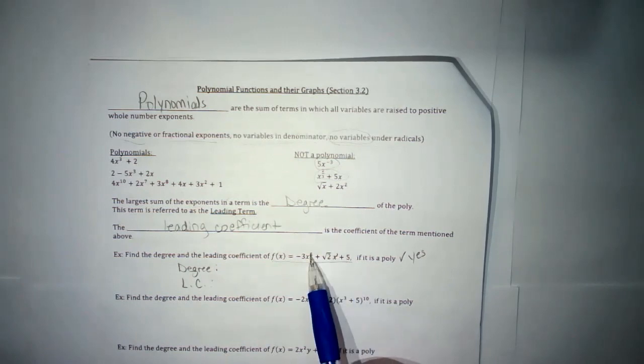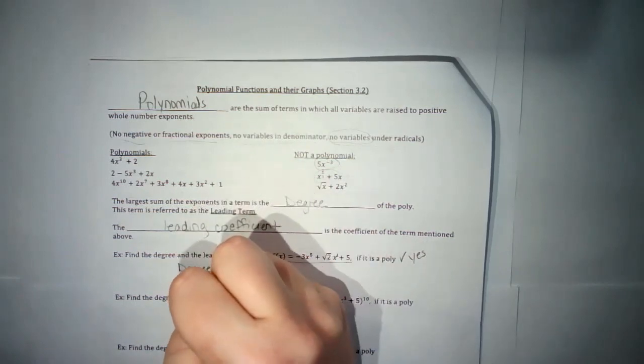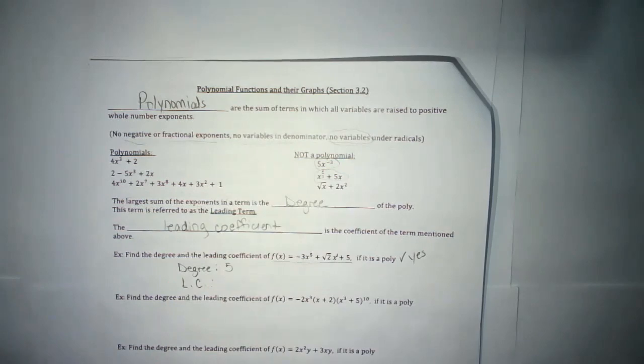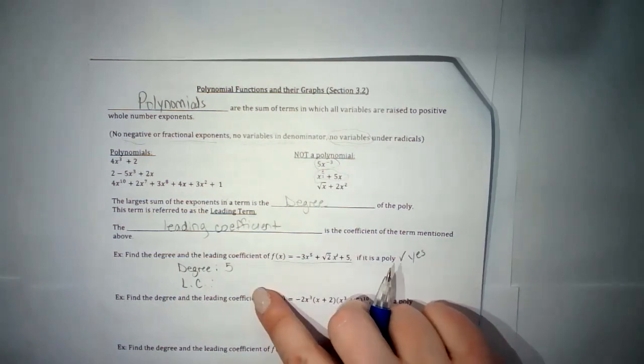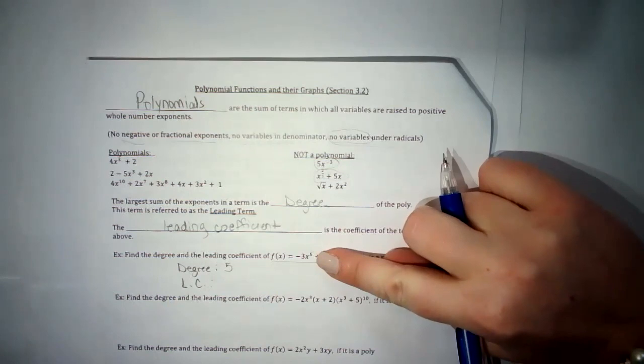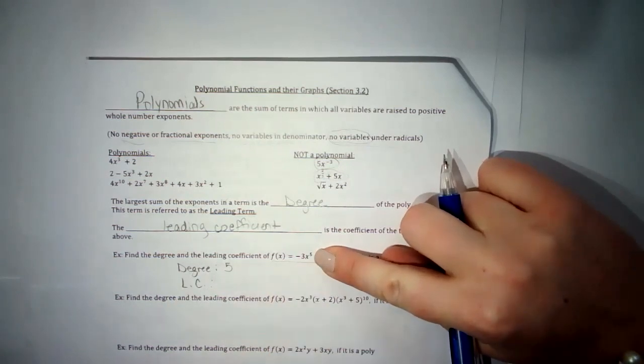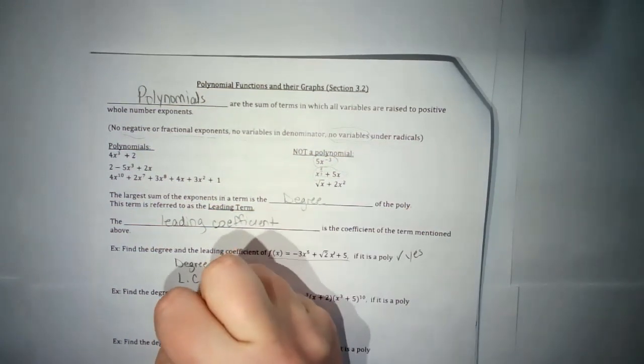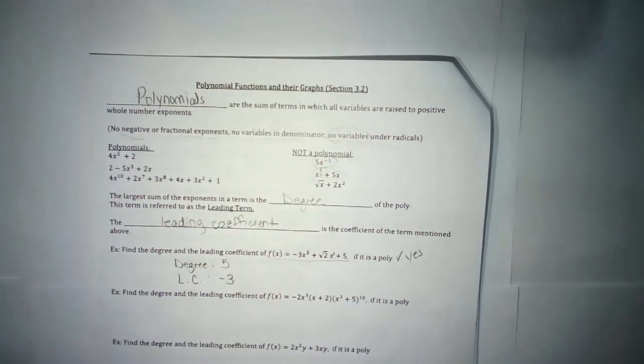He has an exponent of 5. So 5's the biggest. So he's a degree 5. Or sometimes you'll hear me say he's a 5th degree. Okay, a 5th degree polynomial. All right, so now that we've narrowed down the degree, we're only going to look at that term. So what's the leading coefficient of that term only? A -3. See, I told you you guys would love this little section.